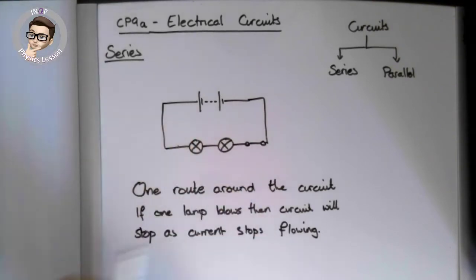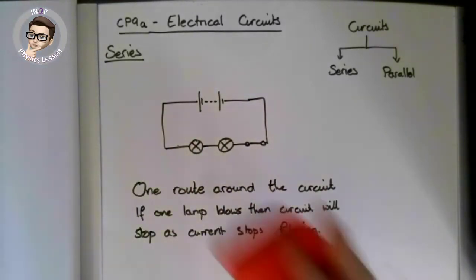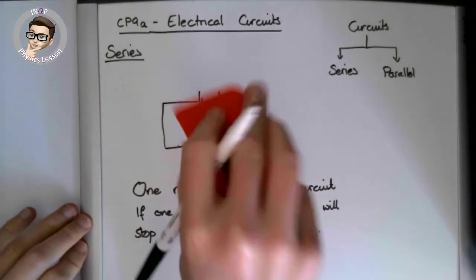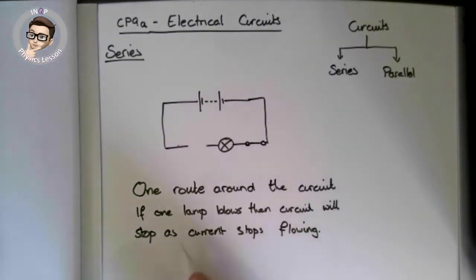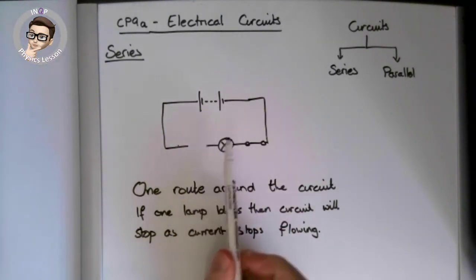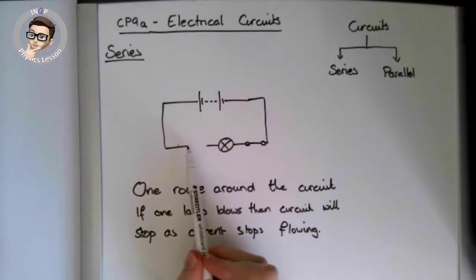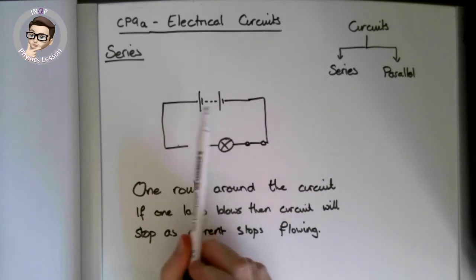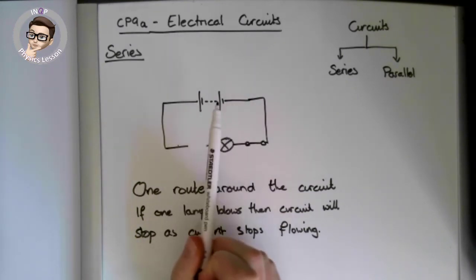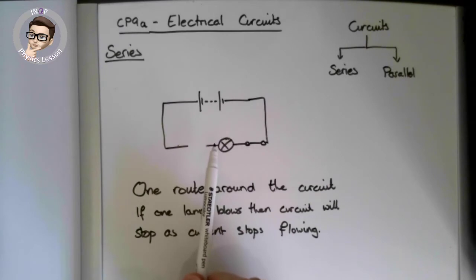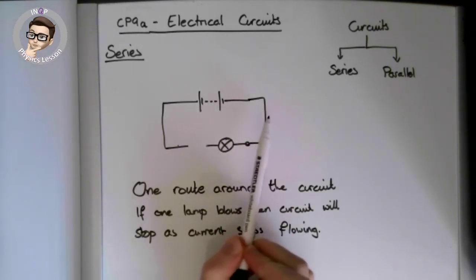So if this bulb blows, for example, so we'll just take this bulb out, then you would end up with a gap in the circuit. Electrons can't jump that gap. They're unable to get from this point to this point. Therefore, no matter how hard we push at this side, those electrons aren't going to move. Those electrons stay stationary, so there is no current.